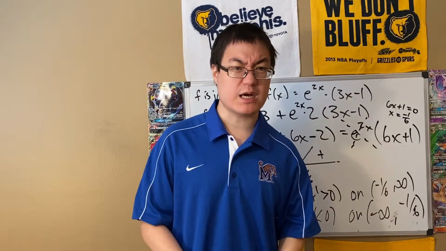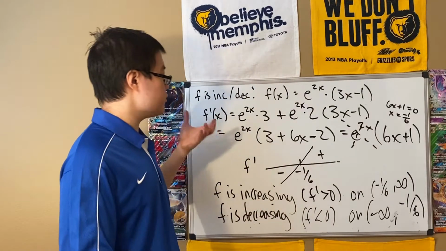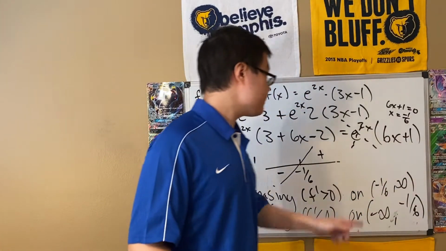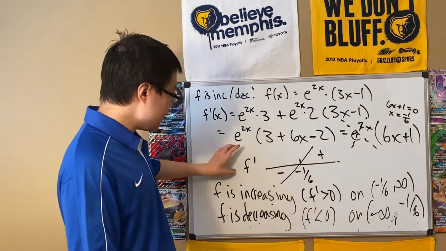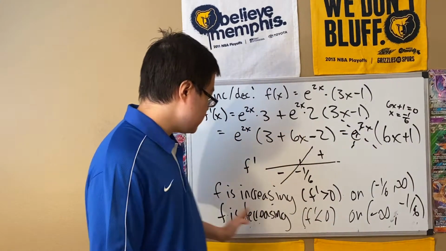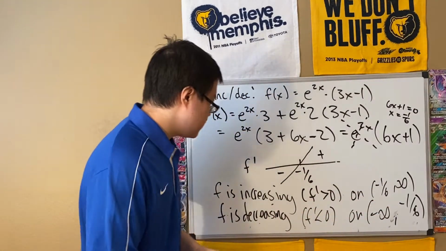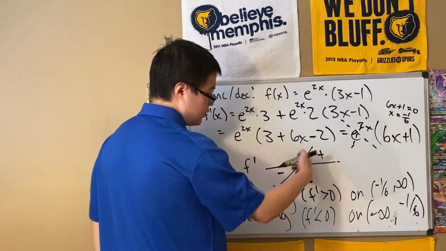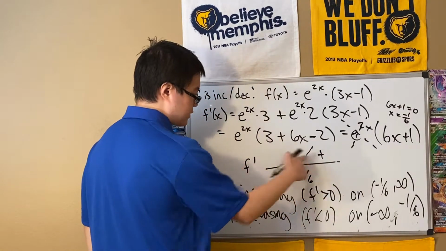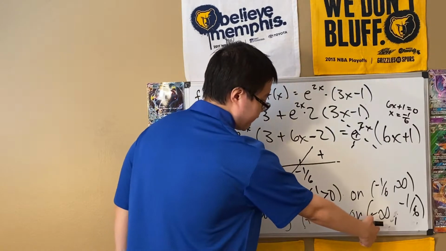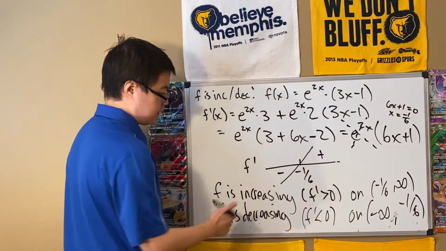Then the most important step, in my opinion, is to try to factor the derivative as much as possible so that the sign chart is as easy to draw, which is what we did here. We have this f prime, looks like this, and then f is increasing on these intervals. F is decreasing on these intervals because f is increasing on this one because the derivative f prime is positive, and then f is decreasing on this interval, negative infinity to negative 1/6, because f prime is negative there.